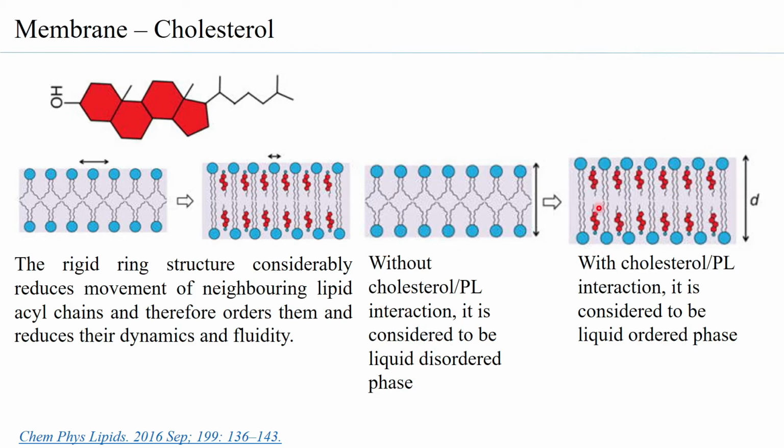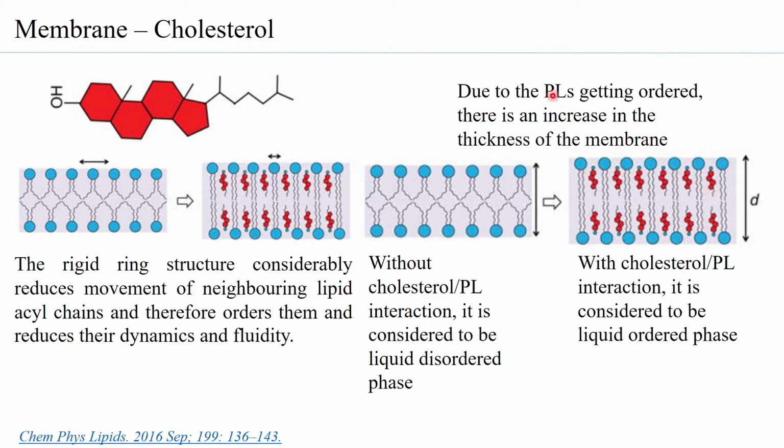And because of this order being created, what is also observed is that the distance over here is more than the distance over here. And so you will find that the thickness of the membrane has also increased because of the presence of the cholesterol. So this is an important fact to be noted.